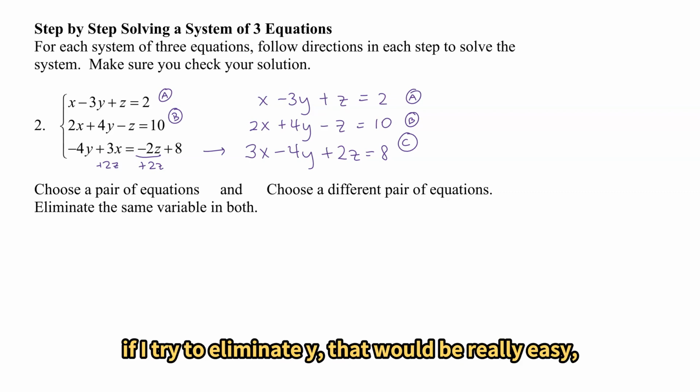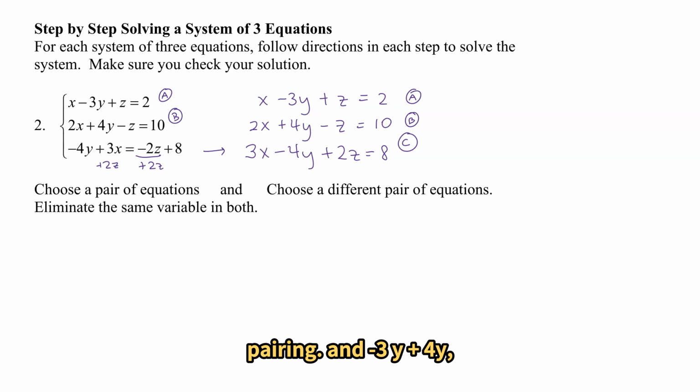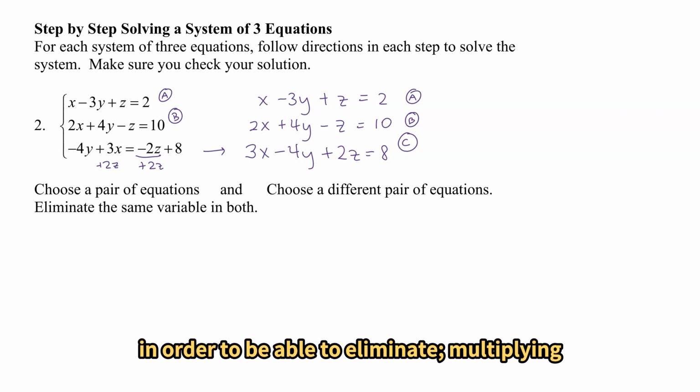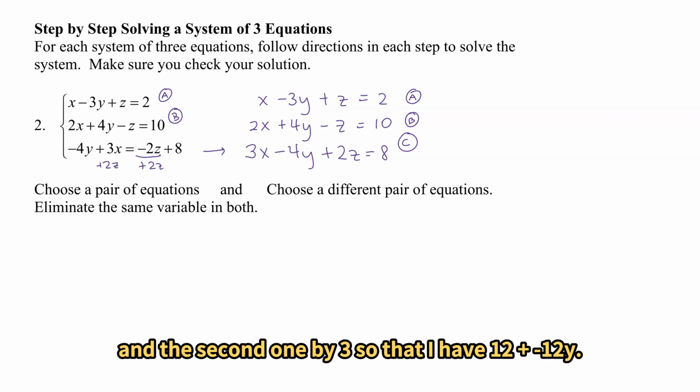If I try to eliminate y, that would be really easy, but I have to somehow incorporate A in the second pairing, and -3y plus 4y, I would have to multiply both of those by numbers in order to be able to eliminate, multiplying the first one by 4 and the second one by 3, so that I have 12y and -12y.